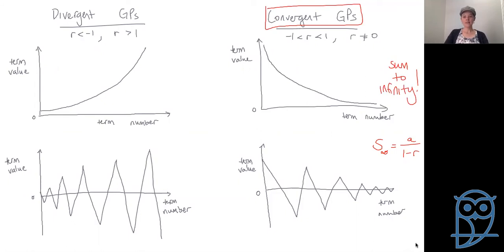So if we have a think about our 3 original sequences, we had sequence A, which was A equals 2 and R equals 2. We had sequence B, which was A equals 20, R equals 1/2.